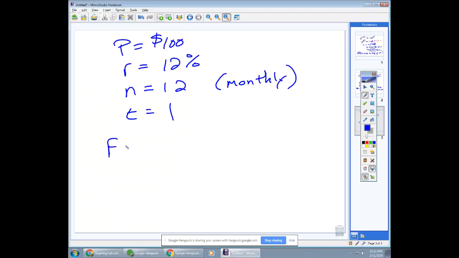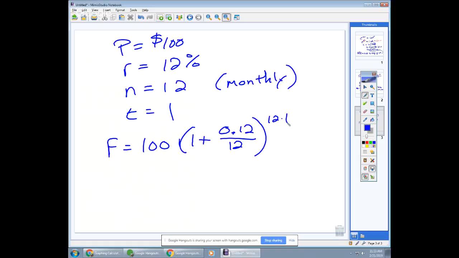So then my future value would be 100 times 1 plus 12% as a decimal divided by 12, raised to 12 times a year. And I'm only going for 1 year, which means my exponent is 12 times 1, or just 12.